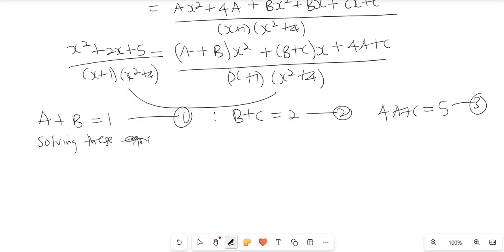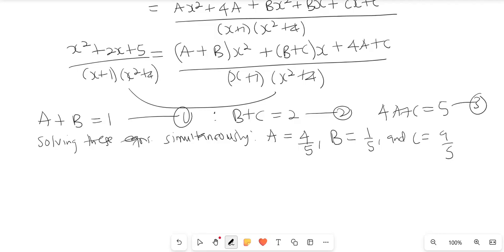Solving these equations simultaneously, the value of a is 4 over 5, that of b is 1 over 5, and c is equal to 9 over 5. Those are the values of a, b, and c.